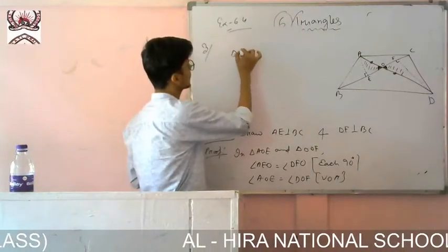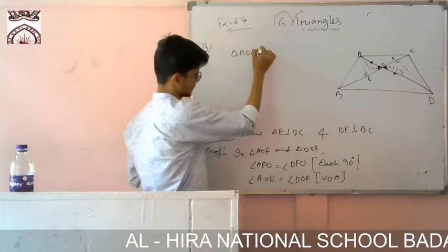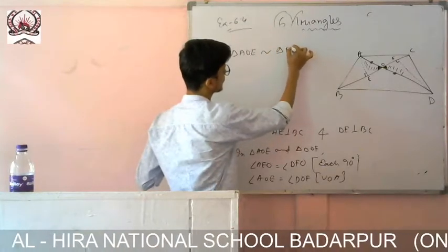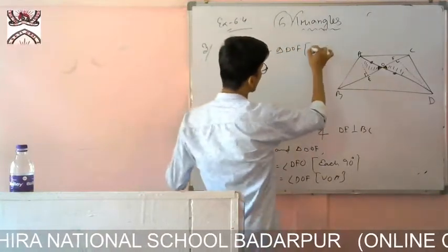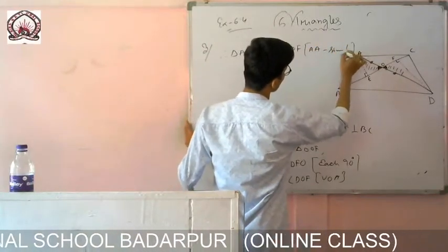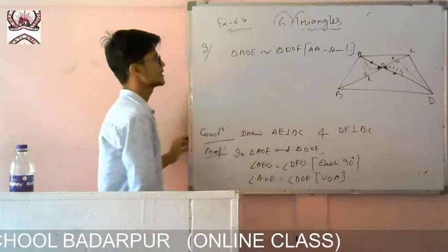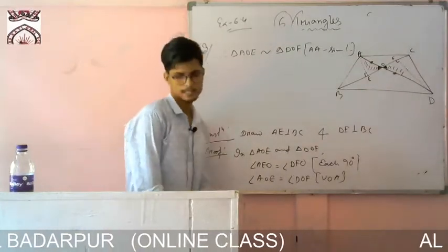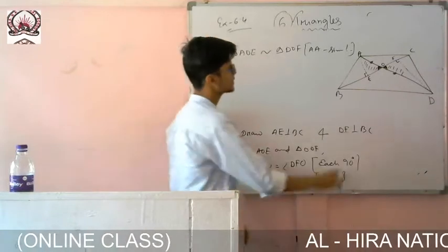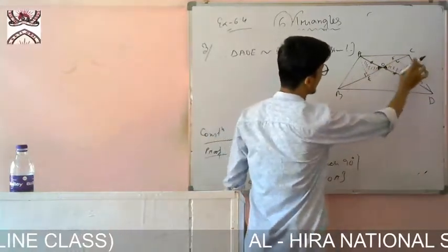Therefore triangle AOE is similar to triangle DOF by angle similarity. Okay, these two triangles are similar. So now I can relate AE by DF.